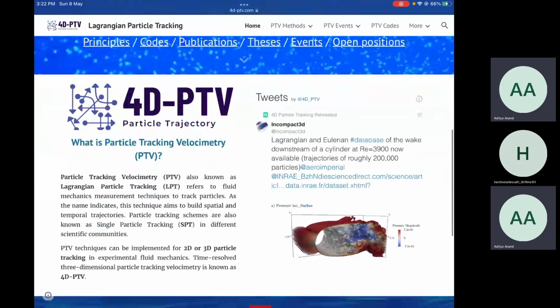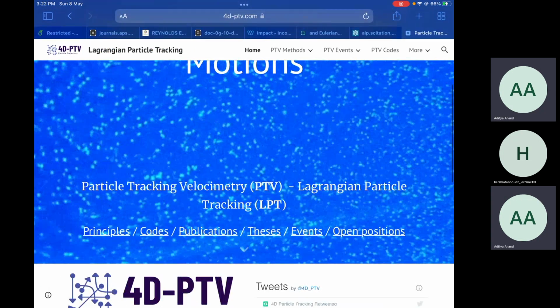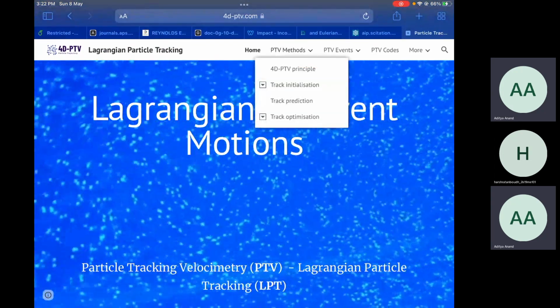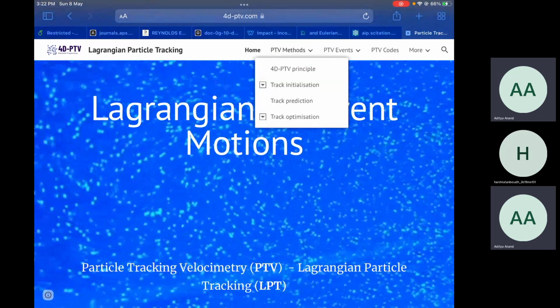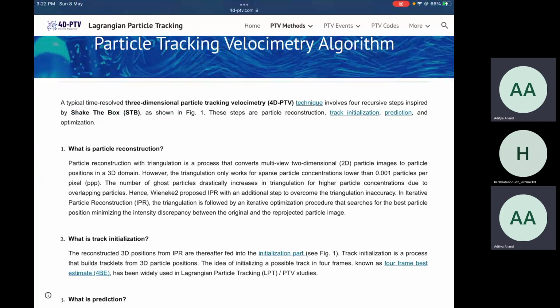Okay, so this 4D PTV module is primarily for PIVs, but I think it's meant for volumetric PIVs because all the methods that have been described here require multiple cameras from different angles.